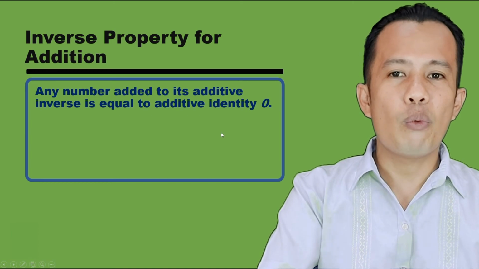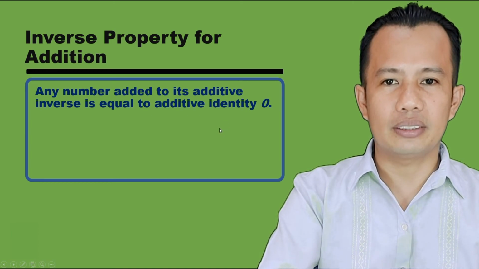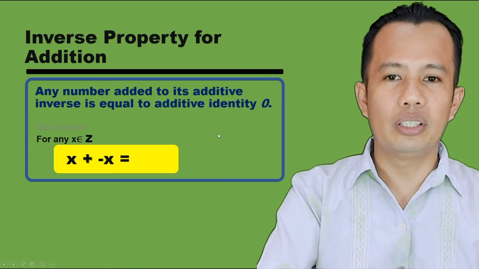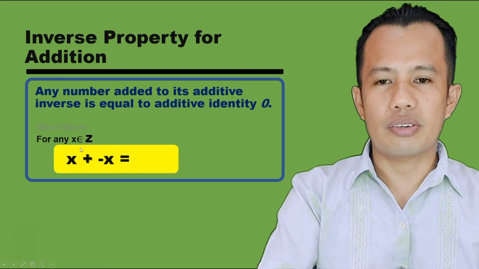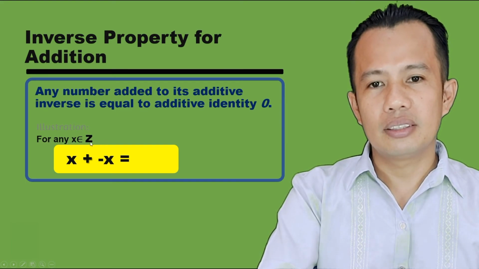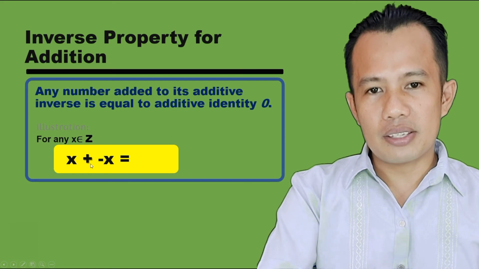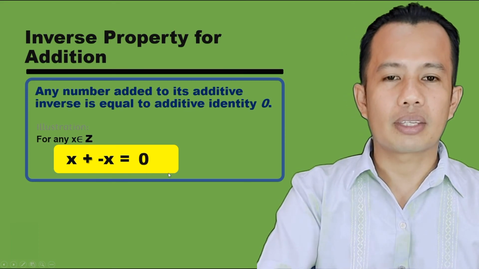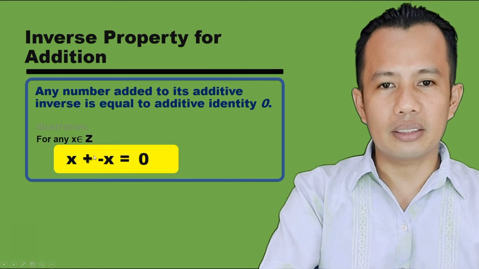But by the way, what is additive inverse? Additive inverse may be understood using this illustration. For any x element of Z, x plus negative x will always be equal to 0. What is our negative x here?